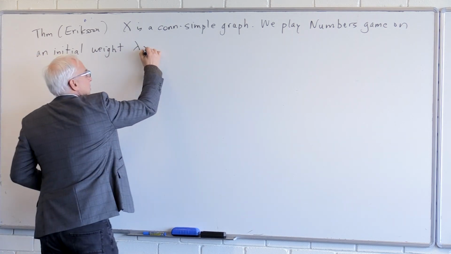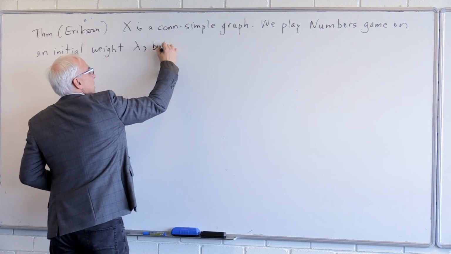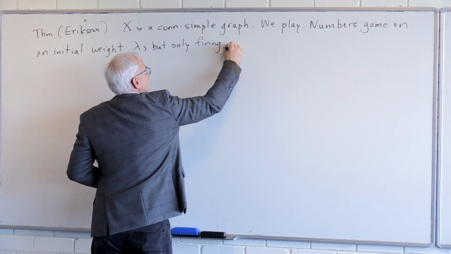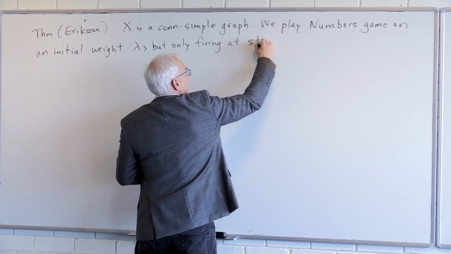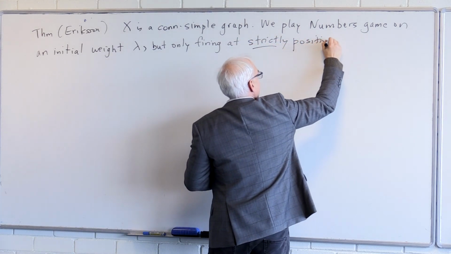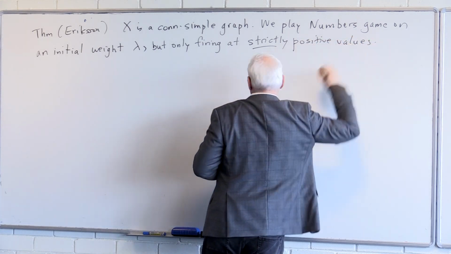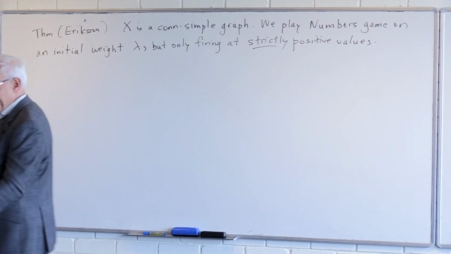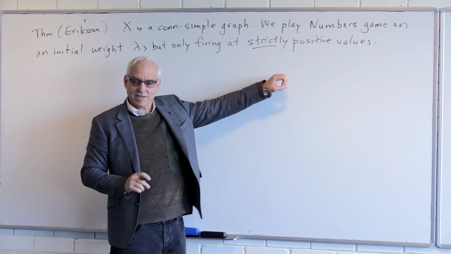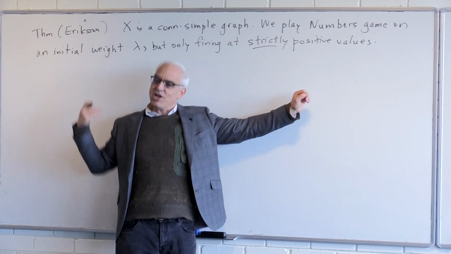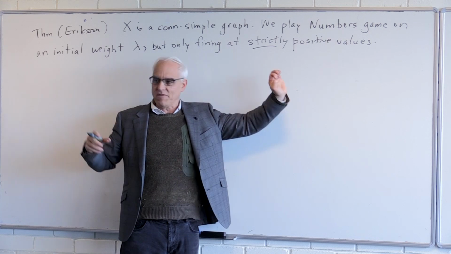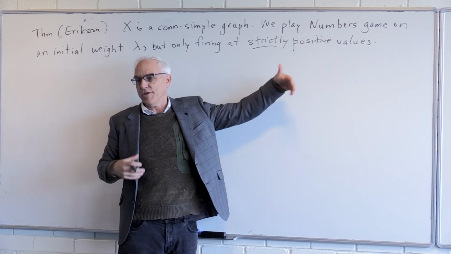Suppose we are only firing at strictly positive values. So the places where the dual weight is positive represents an increase at the mutation level. So if we're only interested in increasing, we should only fire at strictly positive nodes.